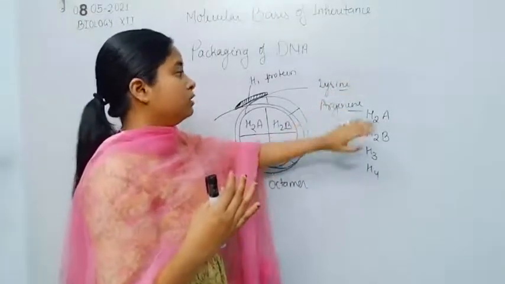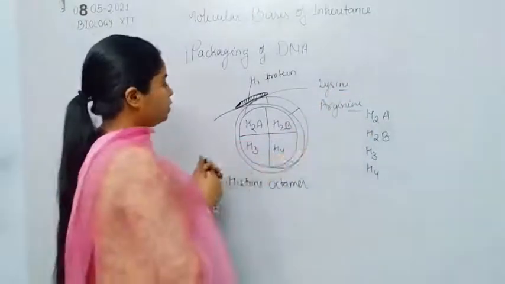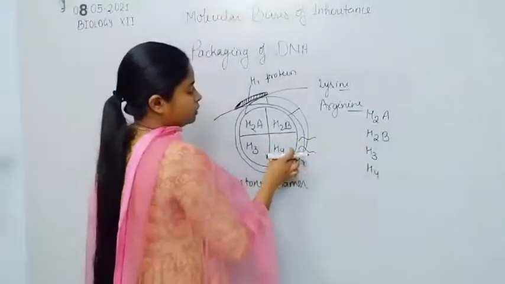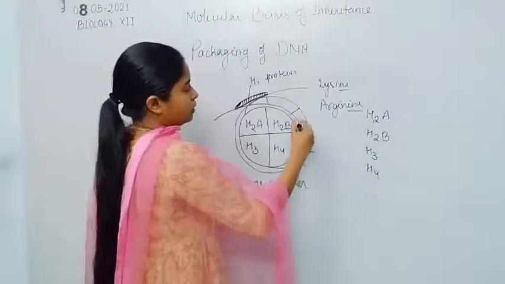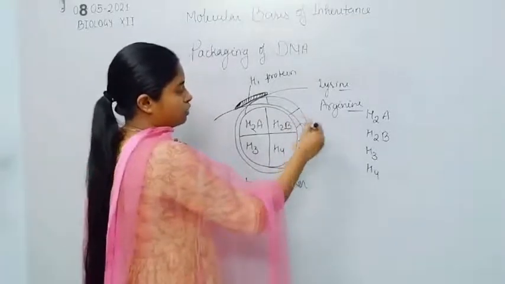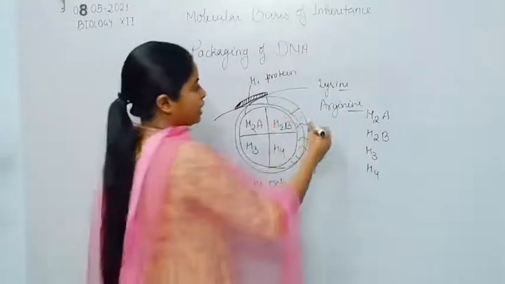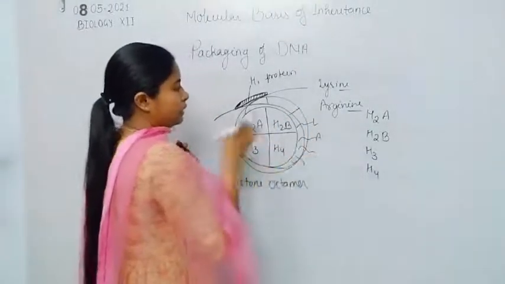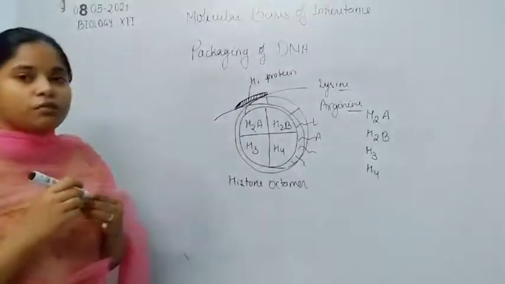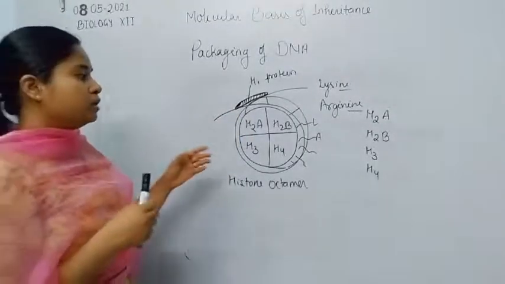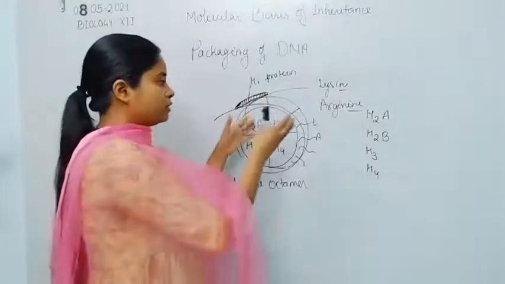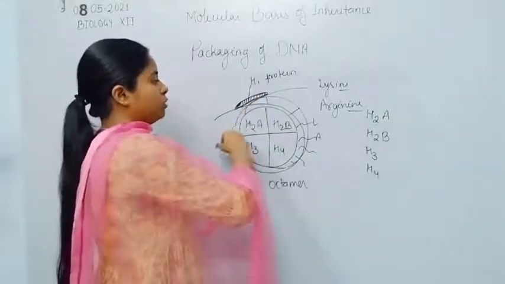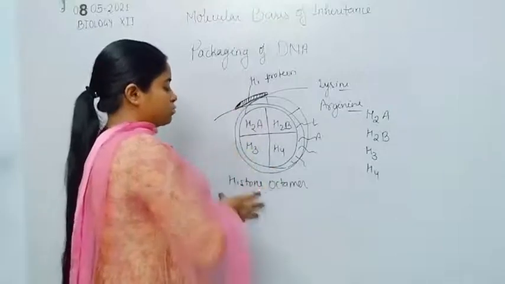The outer region of the different polypeptide chains has lysine and arginine amino acids, and due to their presence they create attraction.